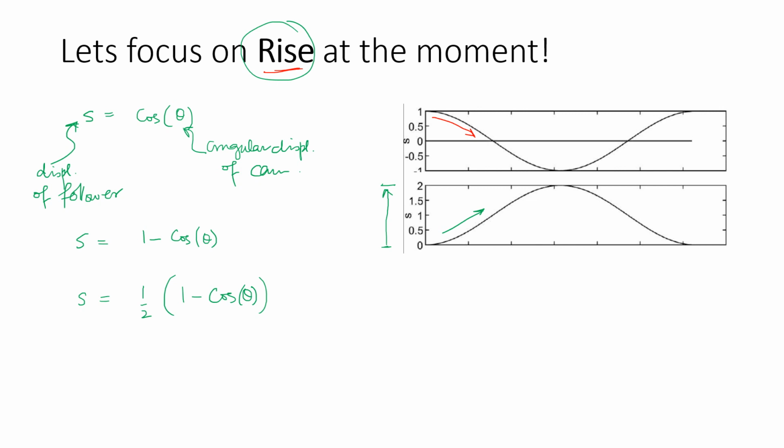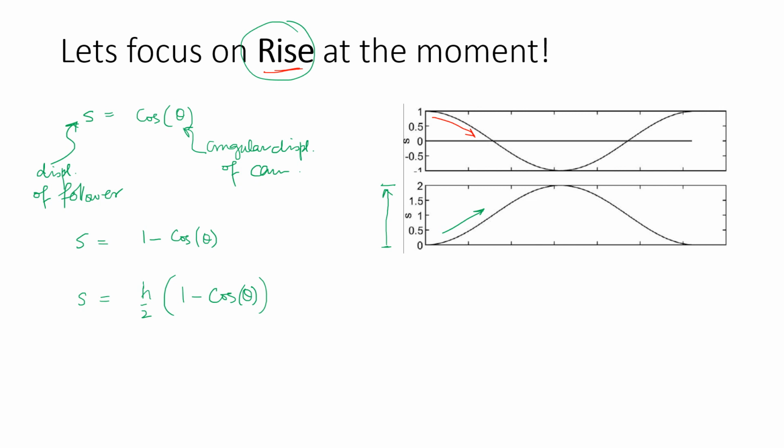Now, this is going to have a normalized movement of the follower ranging from 0 to 1, but sometimes this 1 is not going to be the desired displacement. So I should have some parameter which any designer is going to have control of. Possibly if I write h by 2, that would be appropriate.